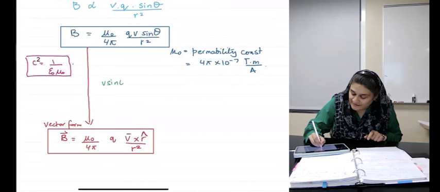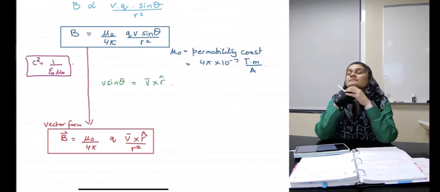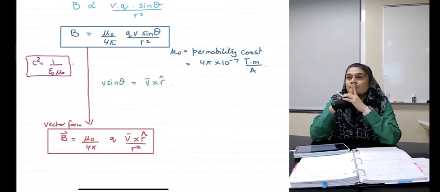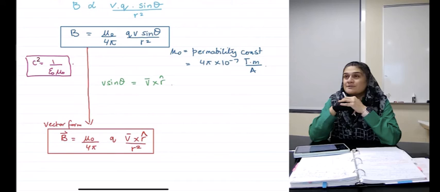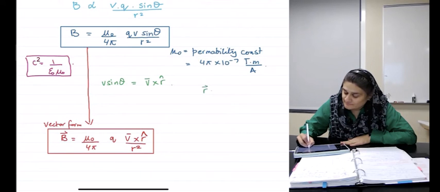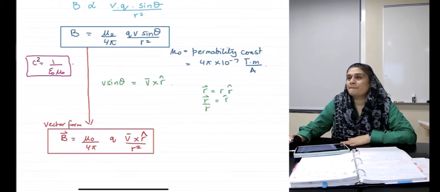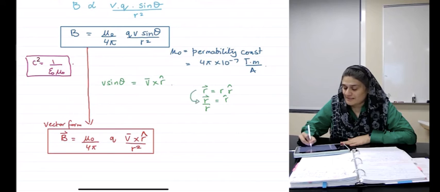V sine theta should somehow equal V cross R hat. Okay. What is R hat? Is this statement true?